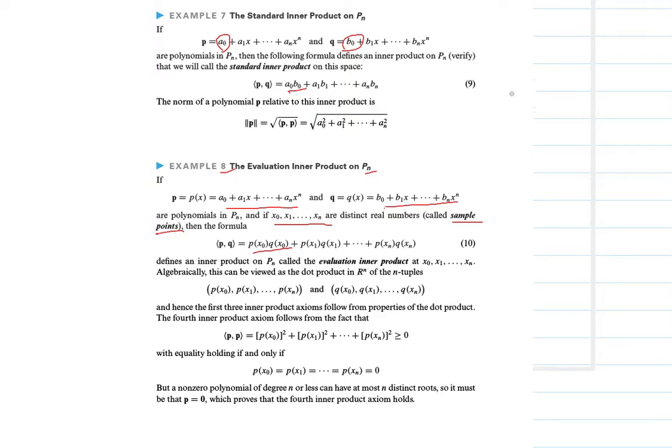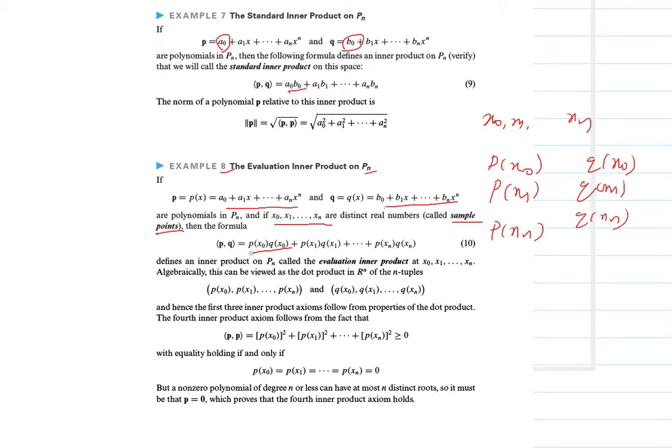You have these points x0, x1 etc. xn. So you can calculate the p of x value at x0, that is p of x0, and p of x1 etc. you can calculate p of xn. Similarly you can calculate q of x0, q of x1 and q of xn.